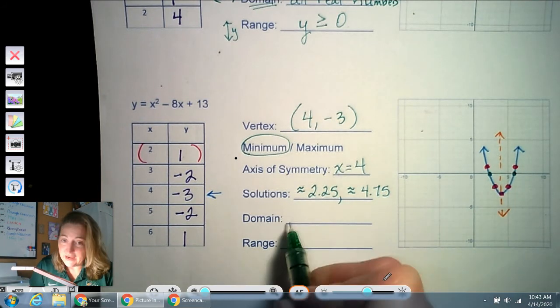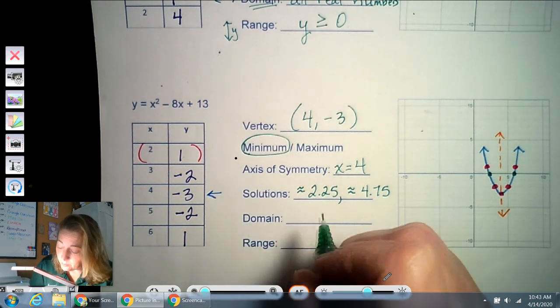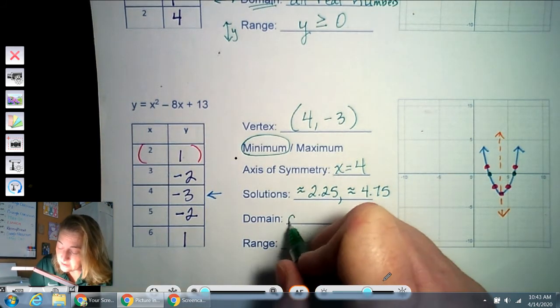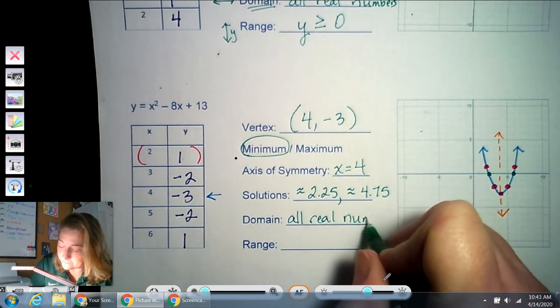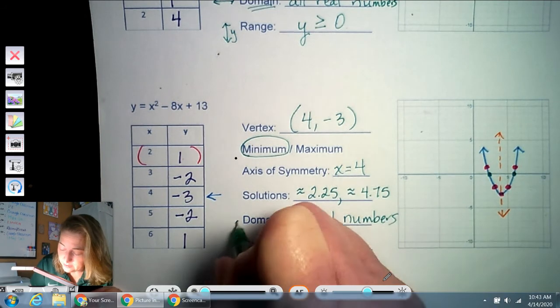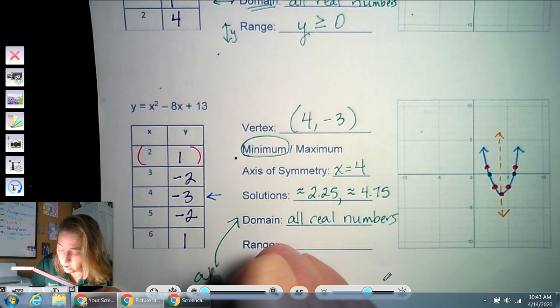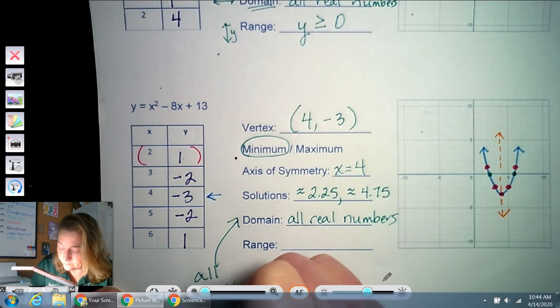Okay. Domain. Again, for all parabolas, all quadratics, the domain is going to be all real numbers. So again, the domain is the same for all quadratic functions.